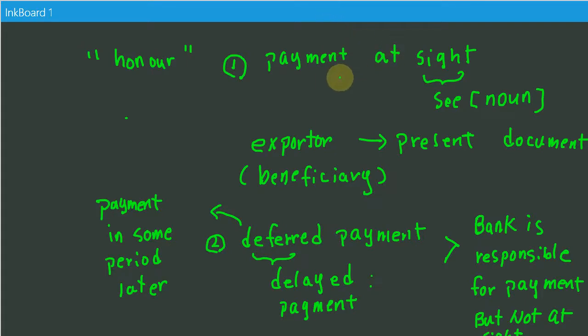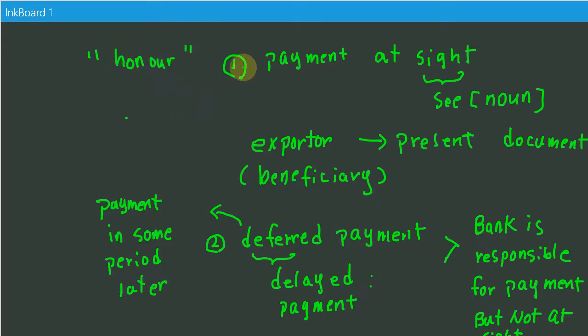Payment at sight is at the same time, exchanged with the document. Okay? So the meaning of honor is the payment. I told you, but we have several different payments included in the meaning of honor.